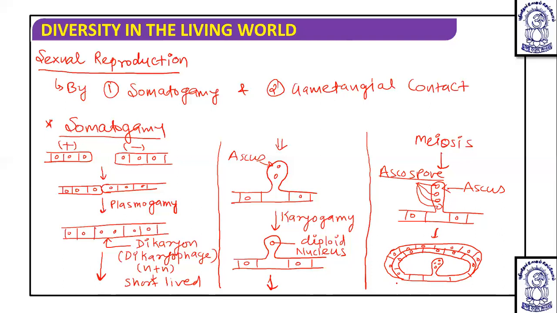So this whole body is known as the fruiting body of ascomycetes, that is ascocarp.